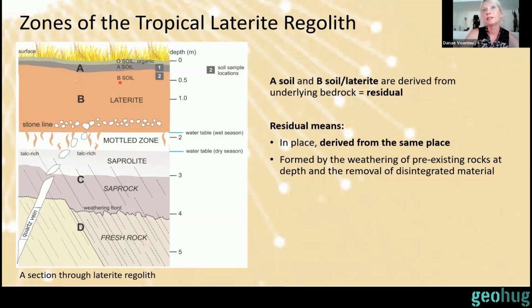That's why we want to collect these soil samples and do geochemistry analysis on them, because we want to know what's in the bedrock. We just have that regolith in the way. But there are parts of this regolith that you shouldn't be sampling. Like the mottled zone is highly leached. But the laterite, the B soil, is a very common soil sample in soil geochemistry.